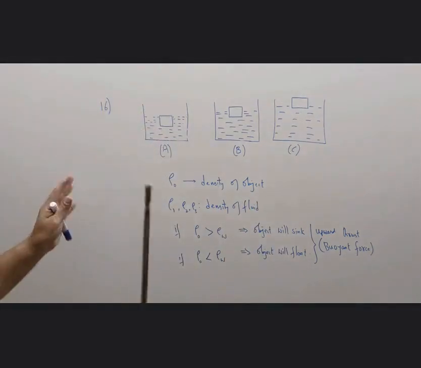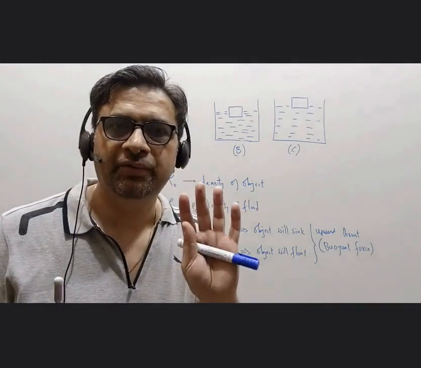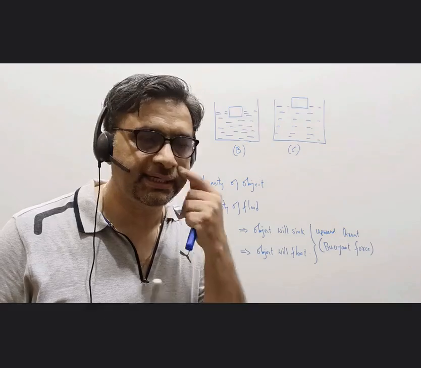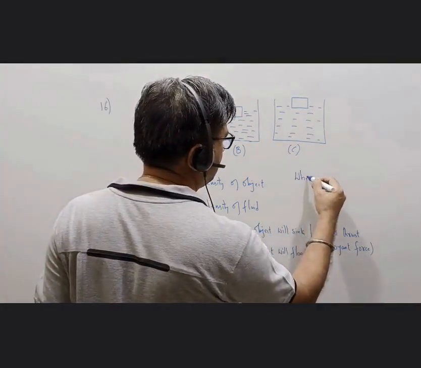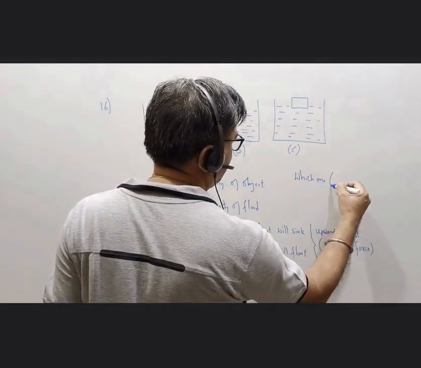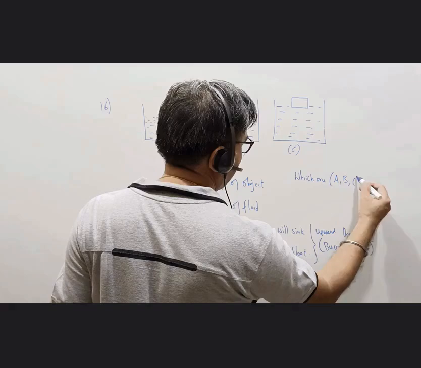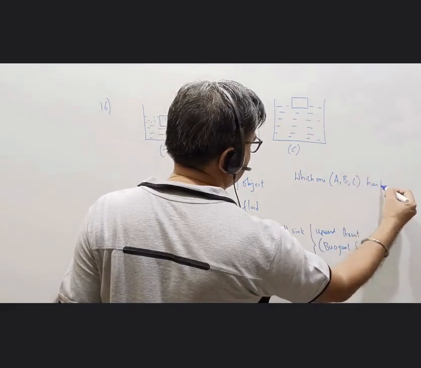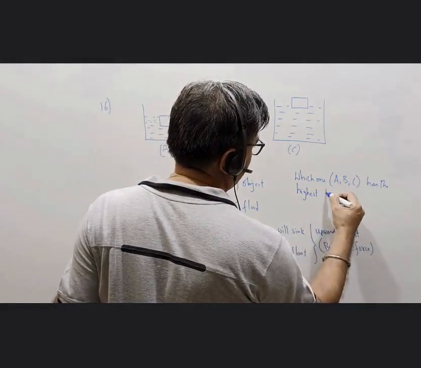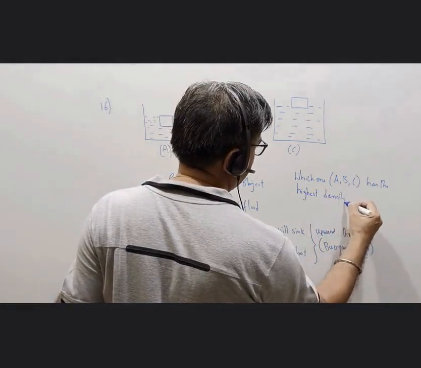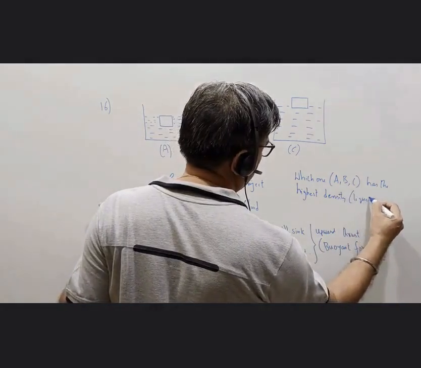Now, there are some things that we must know before we can really make out which liquid has the highest density. That's the question. Which one, A, B or C, has the highest density of the liquid is what we are talking about.